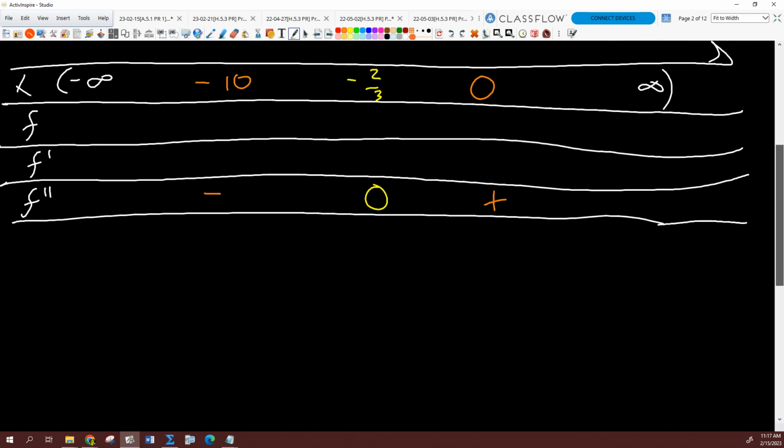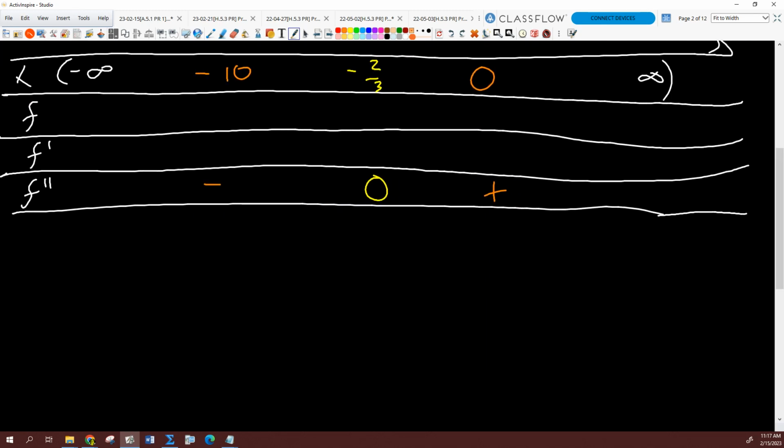If all we care about is the shape, we don't even need to do that, right? What's this thing going to look like? If I'm going from negative concavity to positive concavity, negative concavity is bowl shaped down, to positive concavity is bowl shaped up.